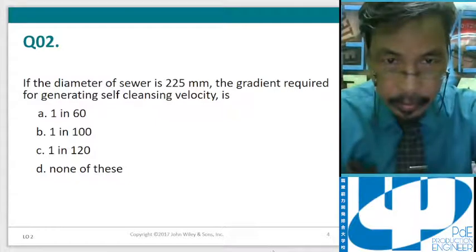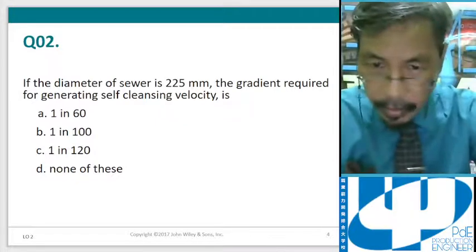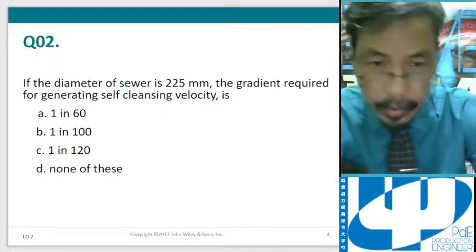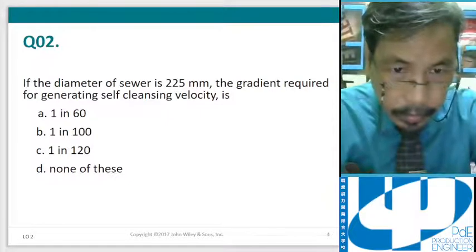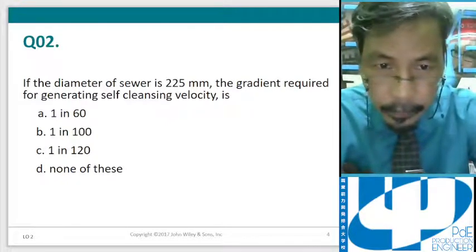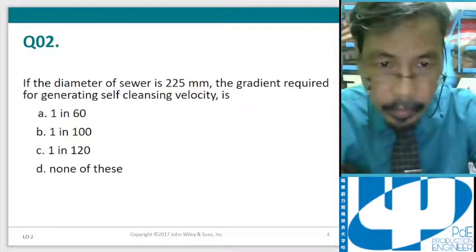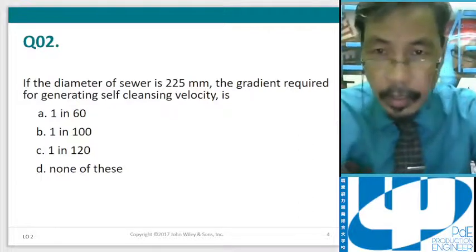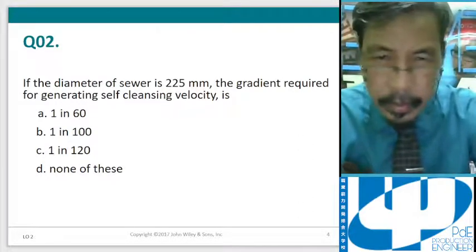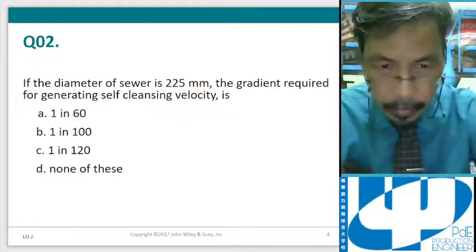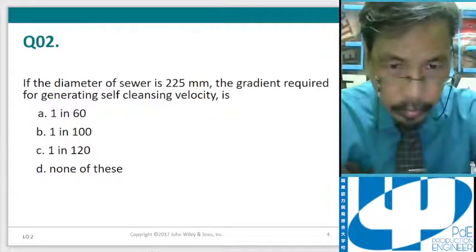So let us estimate first with the calculator. Diameter 225.